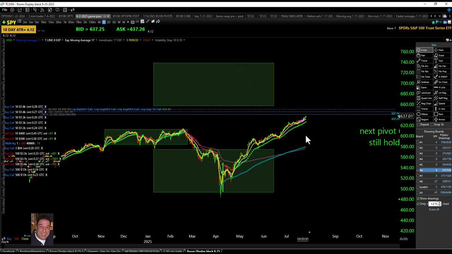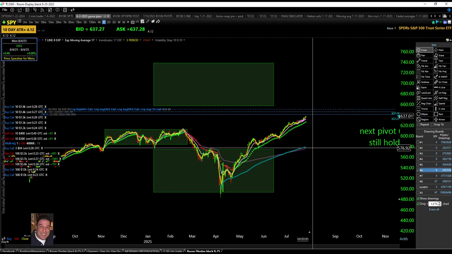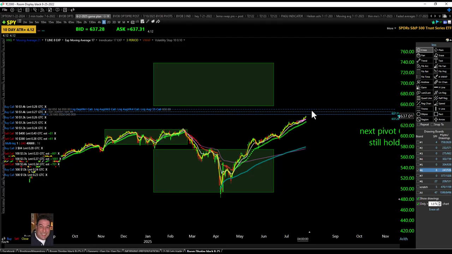And it may happen all in one week. I'm talking a big move, all the way from 650 down to, you can see right here, 570, 580. Just a huge rip down to there, bounce, and then all the way back up to 650, and then higher on up to 700.